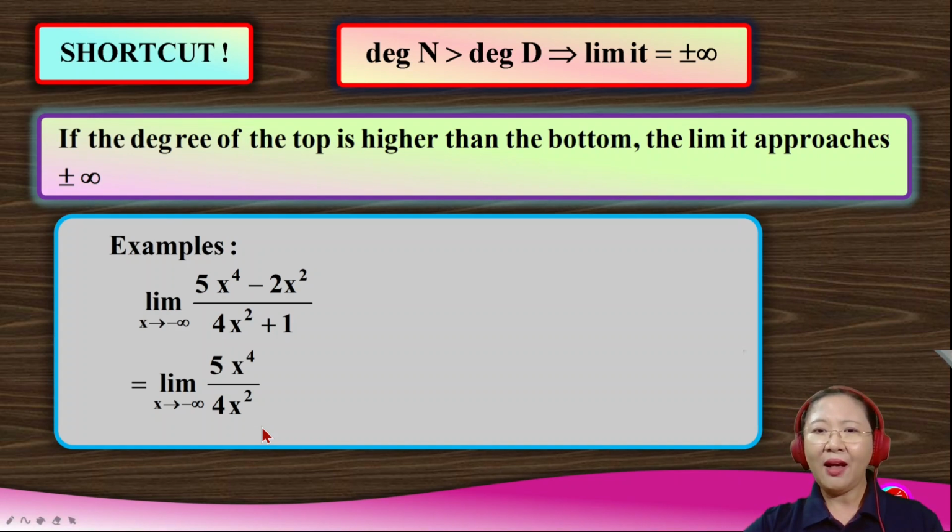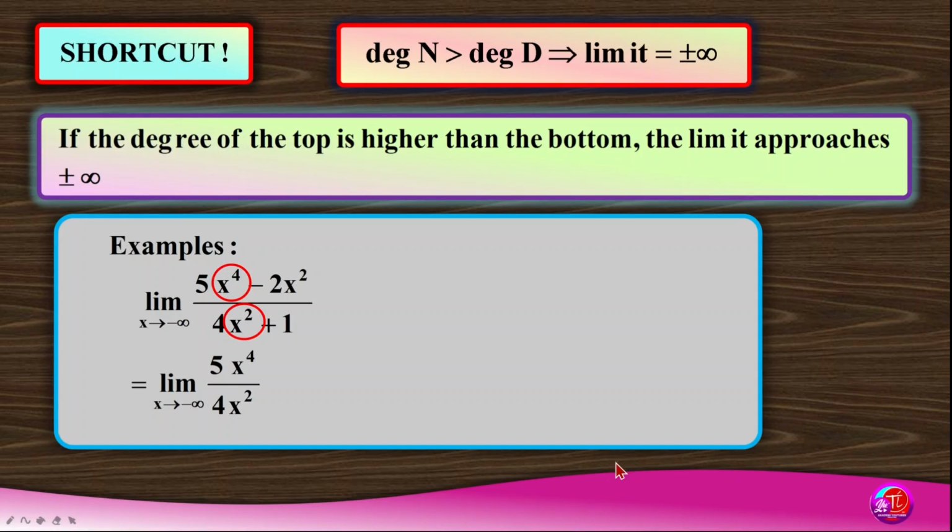Now there's another case. The degree of the numerator is bigger than the degree of the denominator.